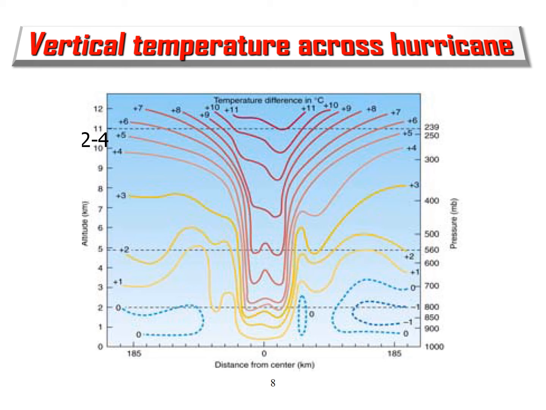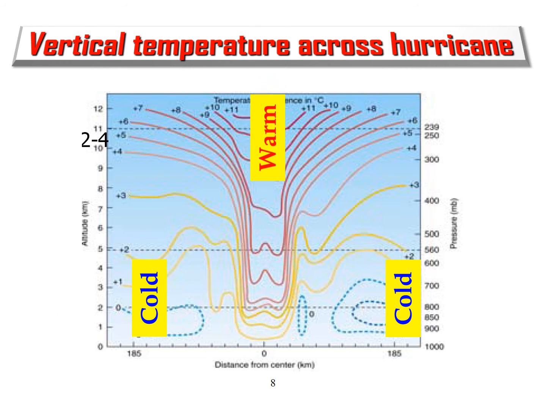You see the temperature difference. Temperature difference causes pressure difference. In the center is the warm eye. This temperature difference will cause pressure difference, and pressure difference will cause the wind flow pattern. That's for the hurricane.